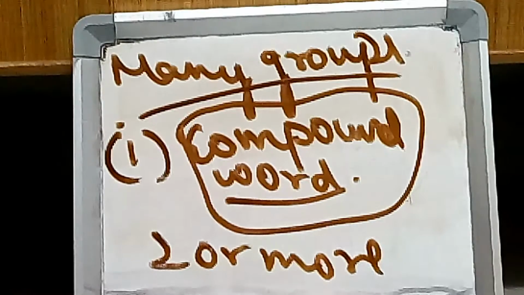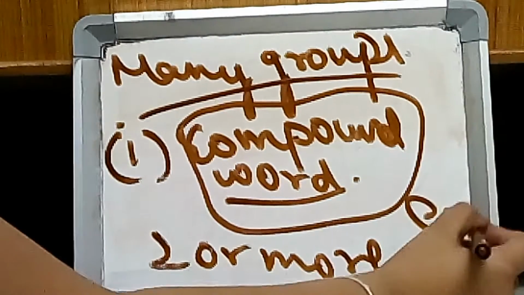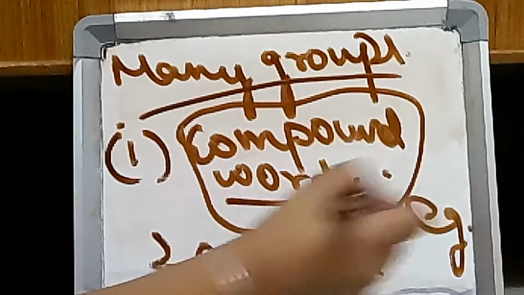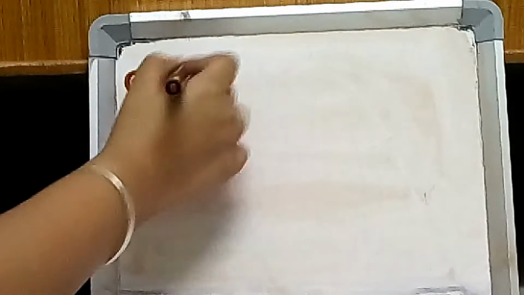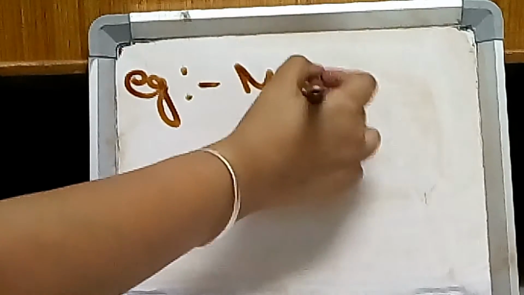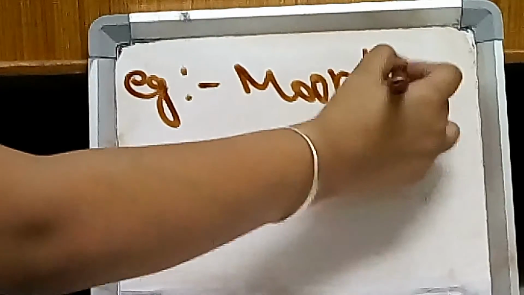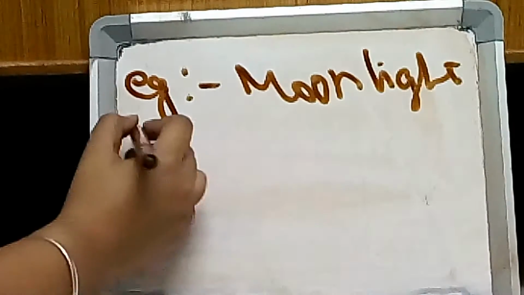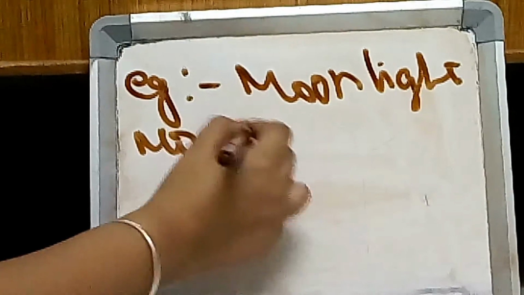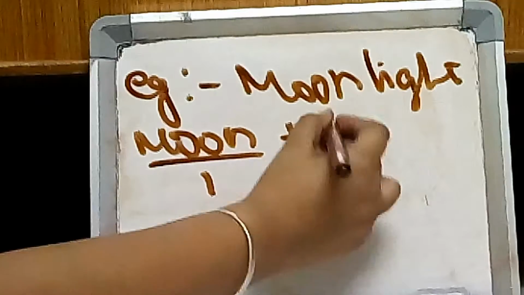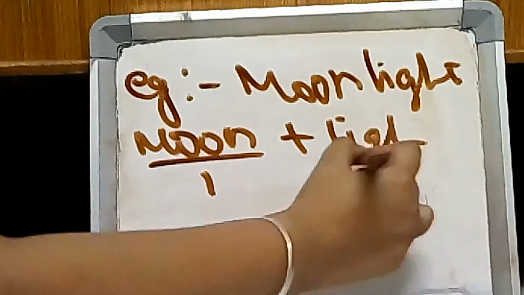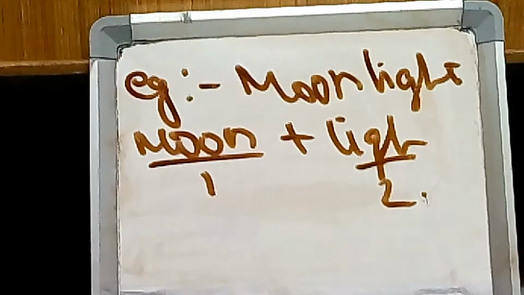Now let's see the examples of these compound words. So we have many examples, which are moonlight, which is formed by moon, which is the first word, plus light, which is the second word.